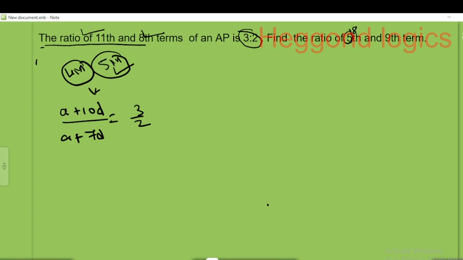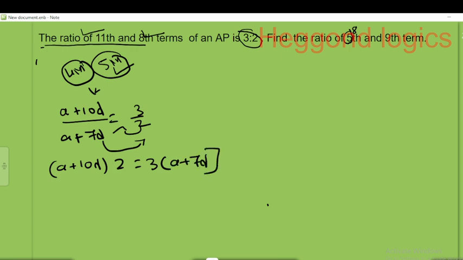Now a plus 10d write as it is, and 2 transfer to the left side and a plus 7d transfer to the right side, then you get a plus 10d into 2 is equal to 3 into a plus 7d. And after that you have to multiply this 2 to this bracket.